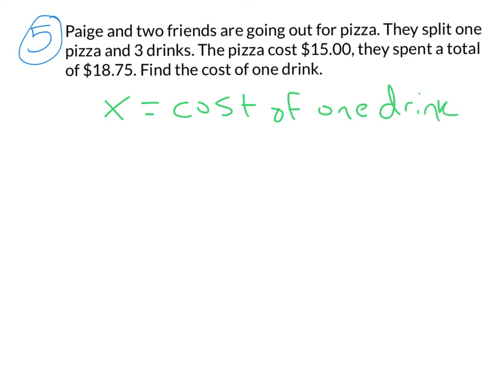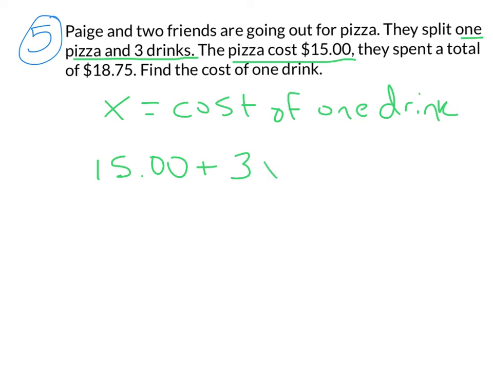So let's start what we have here. So they split 1 pizza and 3 drinks. We know the pizza costs $15. We have 3 drinks. Well, that's 3 x's, because x stands for 1 drink.